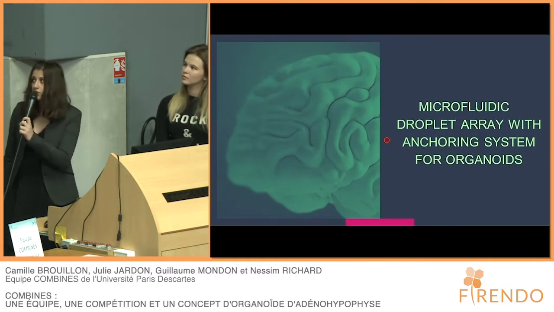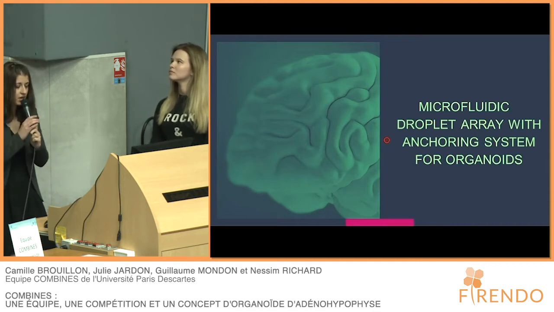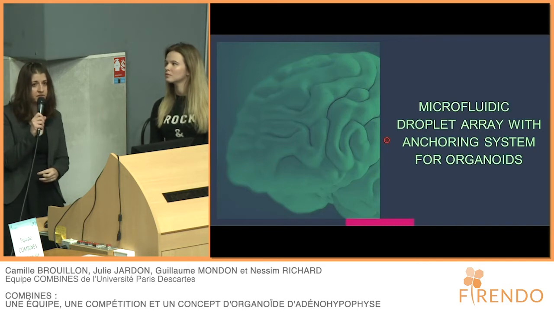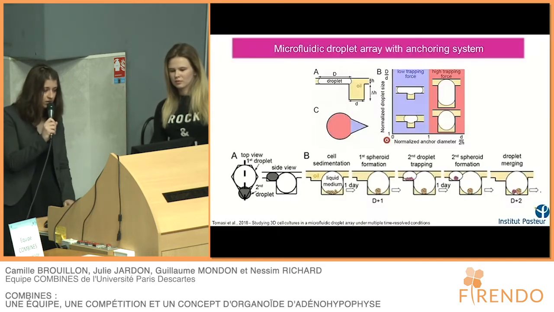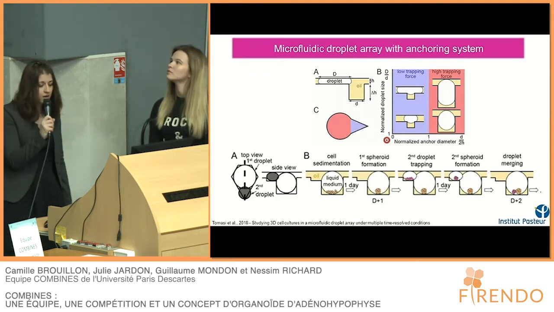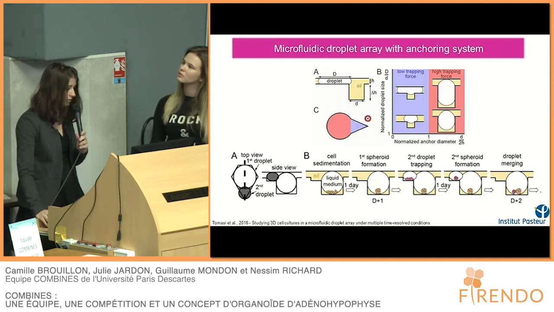So for this experiment, we use a very specific microfluidic device, which was developed by Charles Baroud and his team at Pasteur Institute, which is a microfluidic droplet array with an anchoring system, which is represented here. We have a top view of the system.